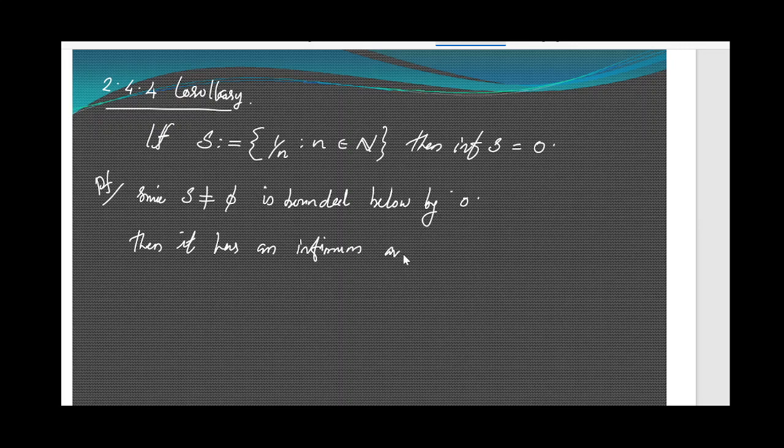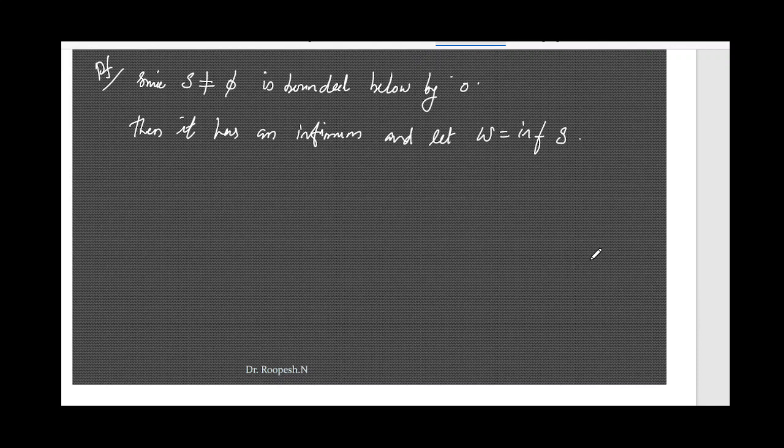Let W be equal to the infimum of the set S. Now if W is an infimum and we have found that 0 is a lower bound, then your infimum value should always be greater than or equal to 0. That is, W is always greater than or equal to 0.